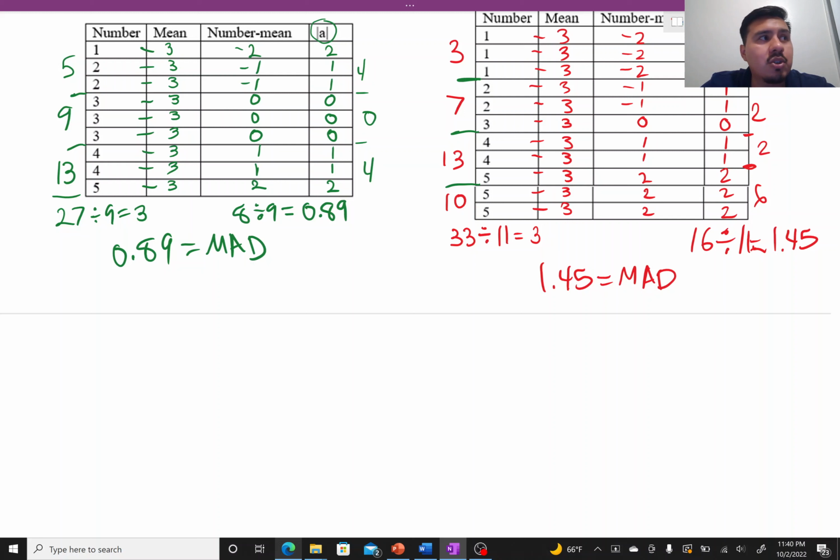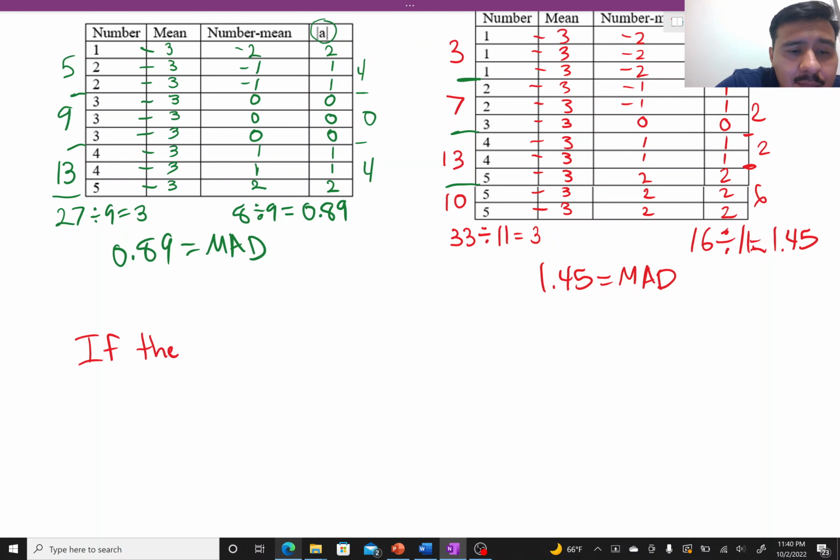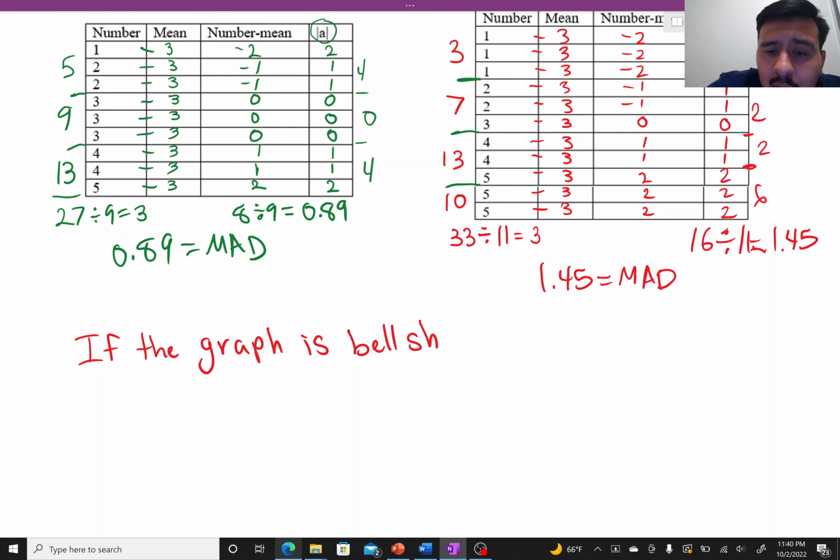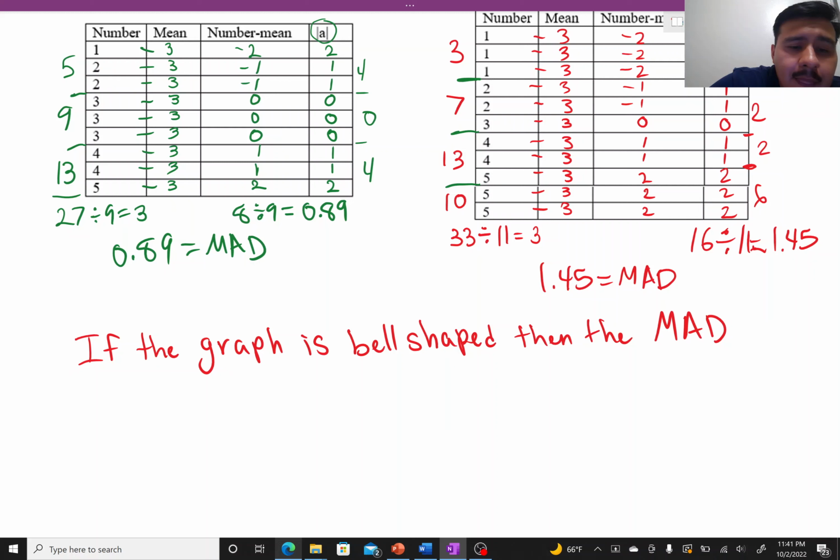Okay, so here are the 2 rules. First rule is, if the graph is bell-shaped, then the MAD is low.